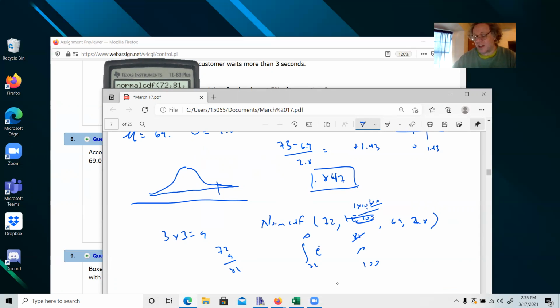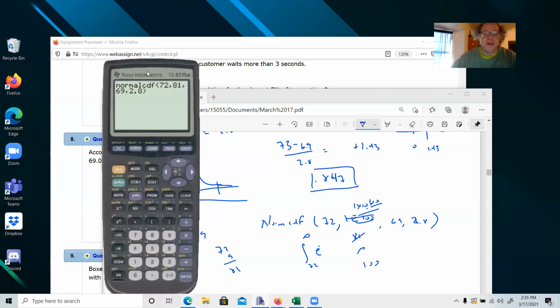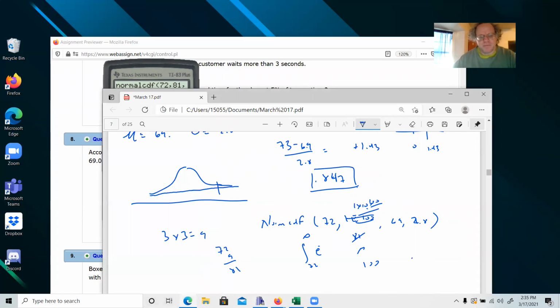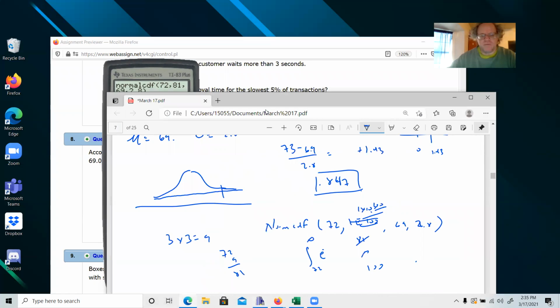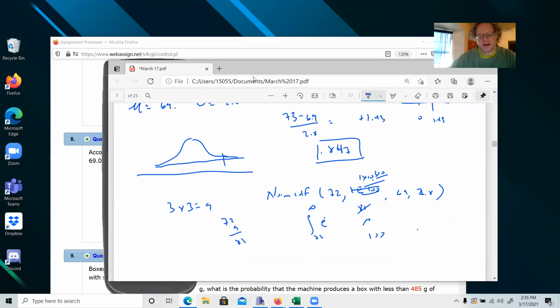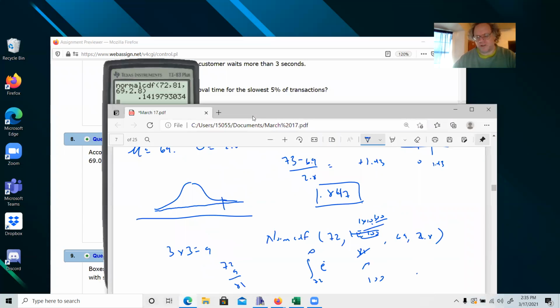This is not going to be a fun deal. Or we could have done z-scores and just used 0 and 1, which would be a smarter way to work. We ended up with 0.142.